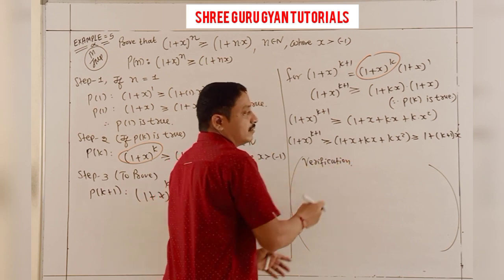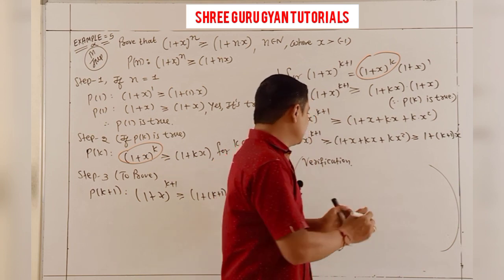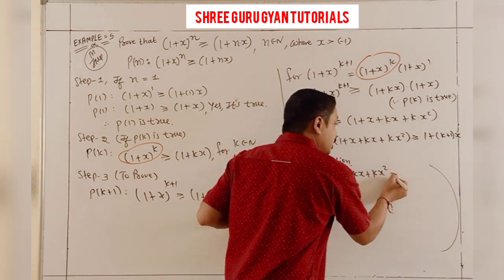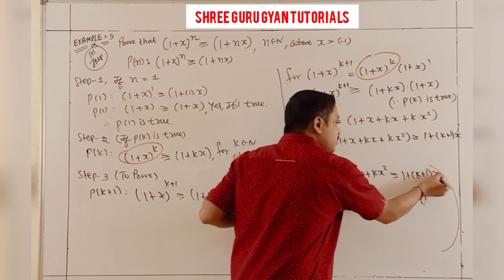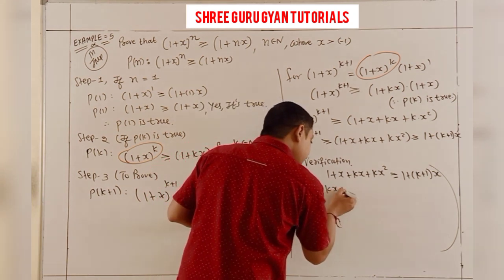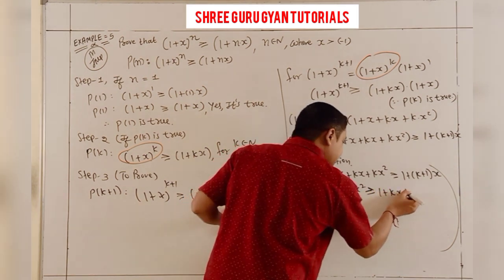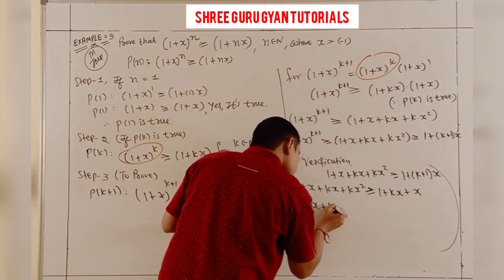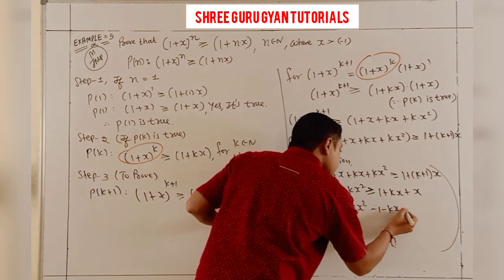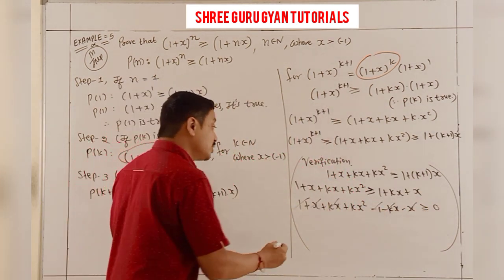Why do I mention these steps here? Verification is very easy. 1 plus x plus kx square is greater than, students, simple, you apply expansion. So greater than or equal to 1 plus kx plus x. Check left side, right side term values. I transfer to the left side, so minus 1 minus kx minus x. Check this again. Only we have kx square here.